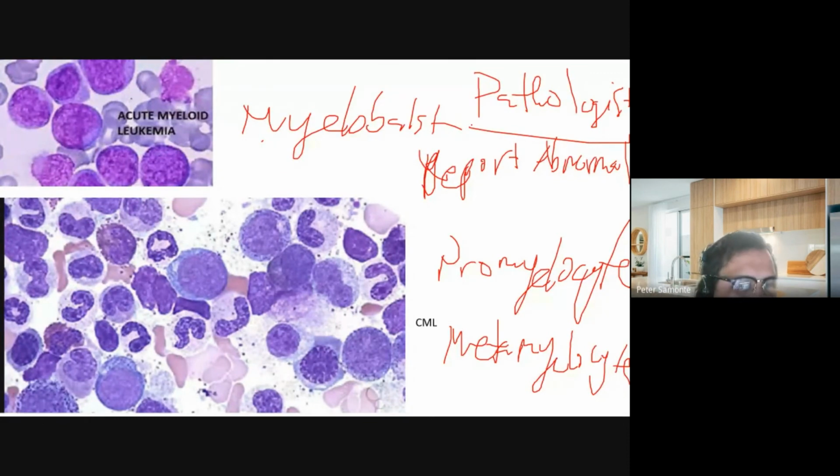May CBC kayo. Your CBC showed high elevated WBC count. Upon smear examination, nakakita kayo ng mga cells na malalaki ang nucleus. They are blasts in appearance. Ang gagawin nyo, class, you're going to refer this to your pathologist. And your pathologist would be the one giving the final result.